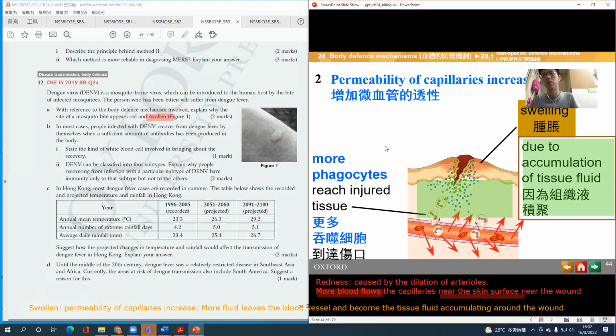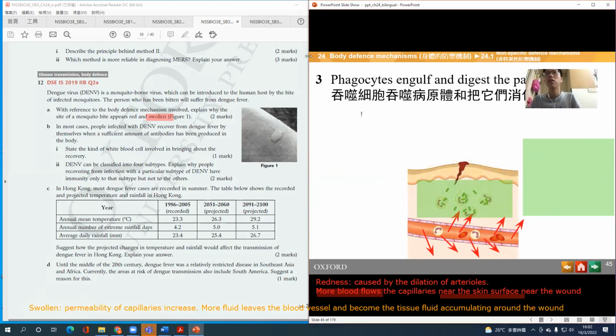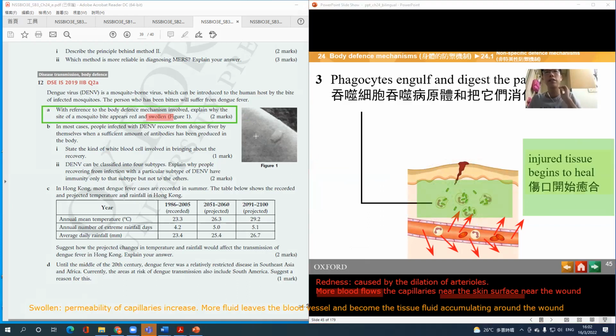Therefore, it swells. So this is a 2-mark question for part A. Part B: explain the kind of white blood cell involved in bringing that recovery. Okay, part 2. Do you have enough time to copy?